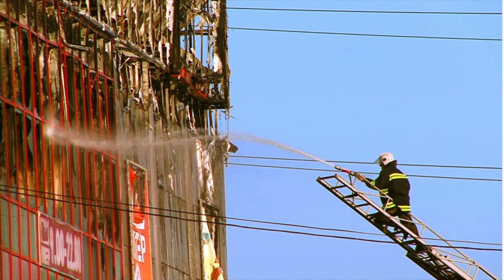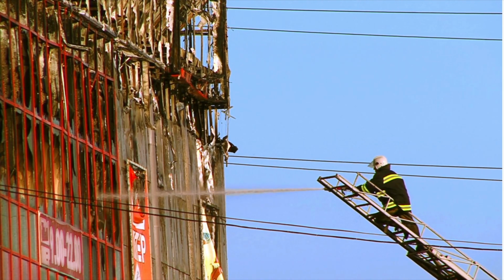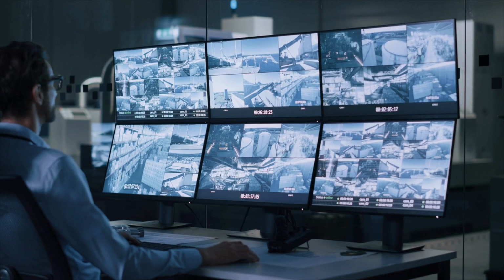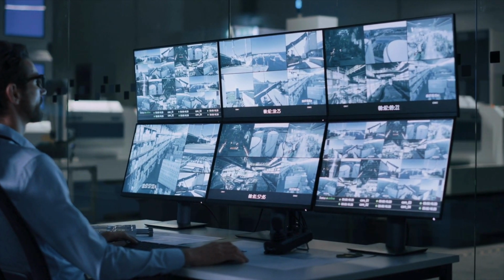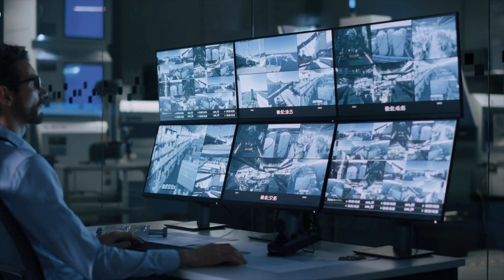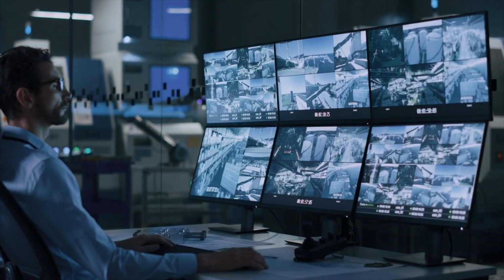Disaster recovery planning focuses on the restoration of IT and communication systems. Together, they provide a comprehensive strategy to handle disruptions, minimizing the impact and ensuring that an organization can return to full operational capacity as quickly and efficiently as possible.